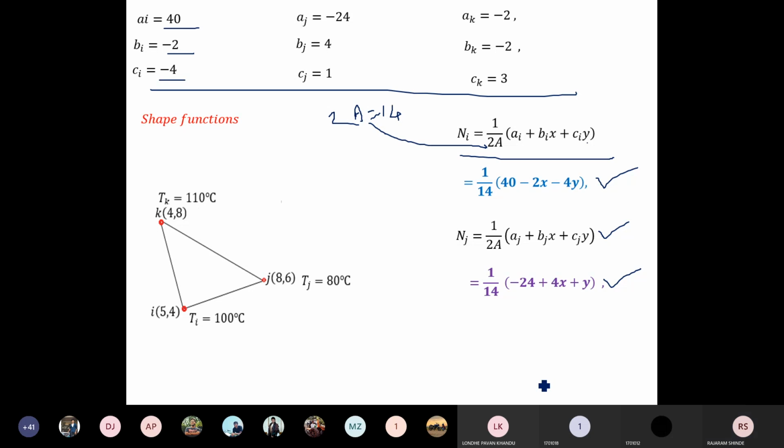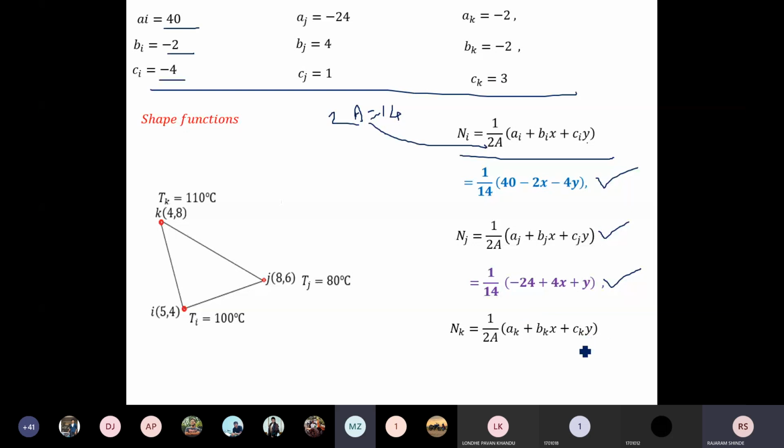Madhav Toramkar, you tell me Nk. What is the equation of Nk? Mahesh Zalte, now you tell me. Ak is minus 2, Bk is minus 2x plus Ck is y.